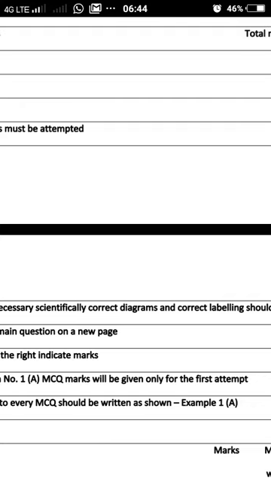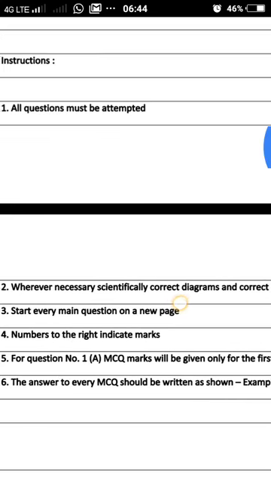So don't keep your first and second answer over there, because if you kept it like that, you will be getting marks for the first attempt only. Okay, for the first attempt, if it is right then you will get the mark, if not you will lose it. Okay, let's go for the next instruction.